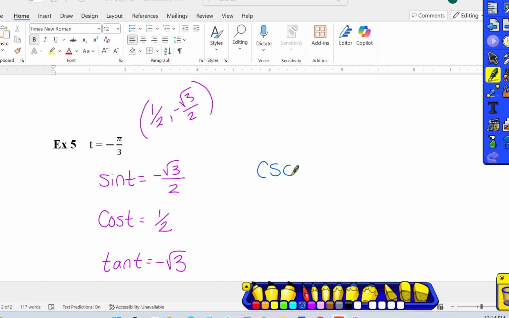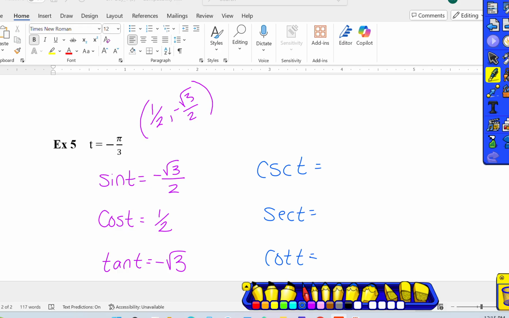Now I'm going to do the reciprocal. Cosecant. Secant. And cotangent. Okay, cosecant. I'm going to flip this. Now I already flipped this up in one of the other problems.